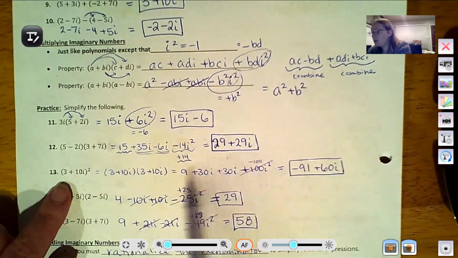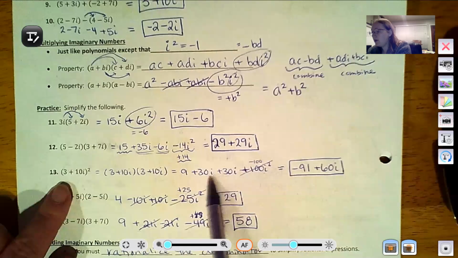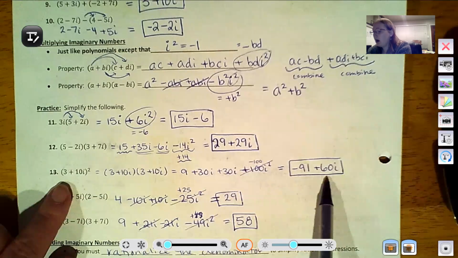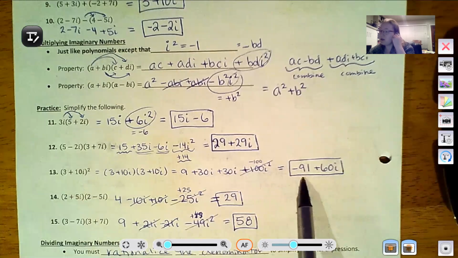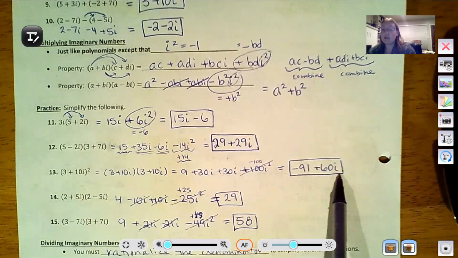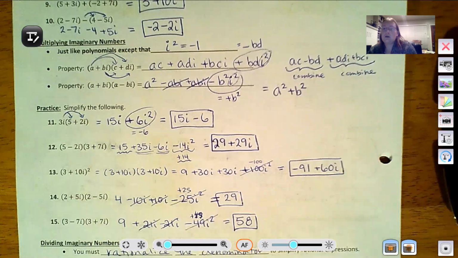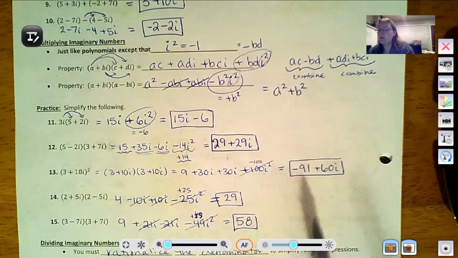So I did 9 minus 100. And then 30i plus 30i is 60i. I'm putting the real part first and then the imaginary part second. That's called standard form. So it's a good practice to do that. It's a little bit weird though, because I know normally when you see a variable, we put it first, but with imaginary, we always put it second.